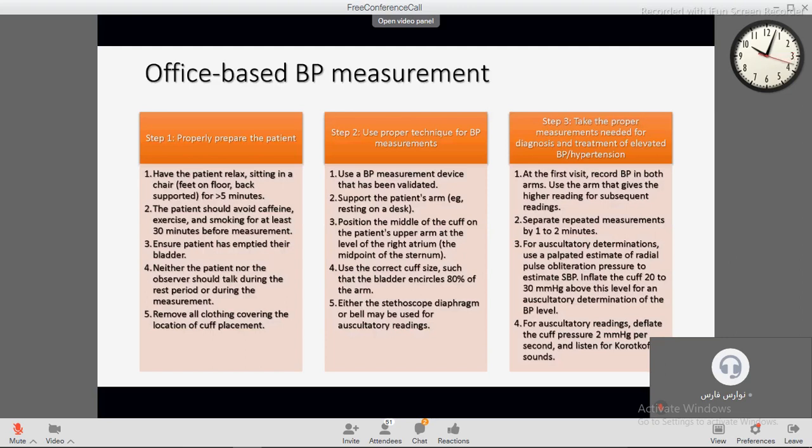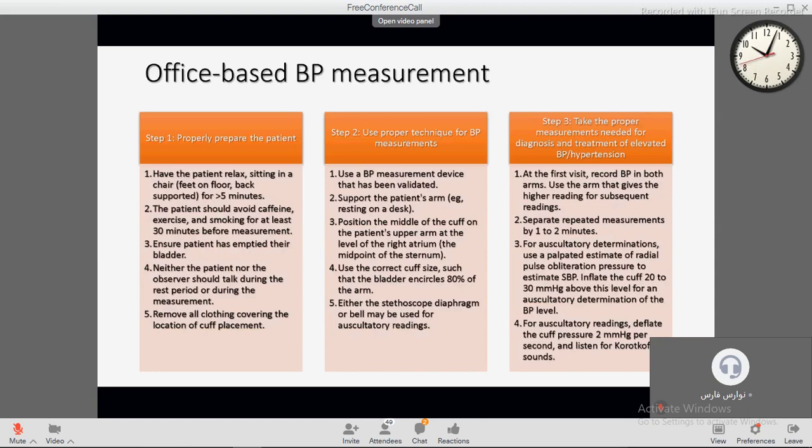It's easy to measure blood pressure for your patient, even in your dental department. For example, before you go further in your dental management, you may need to measure the blood pressure for your patient, especially if you suspect that this patient has hypertension, or is hypertensive on multiple antihypertensive medications.